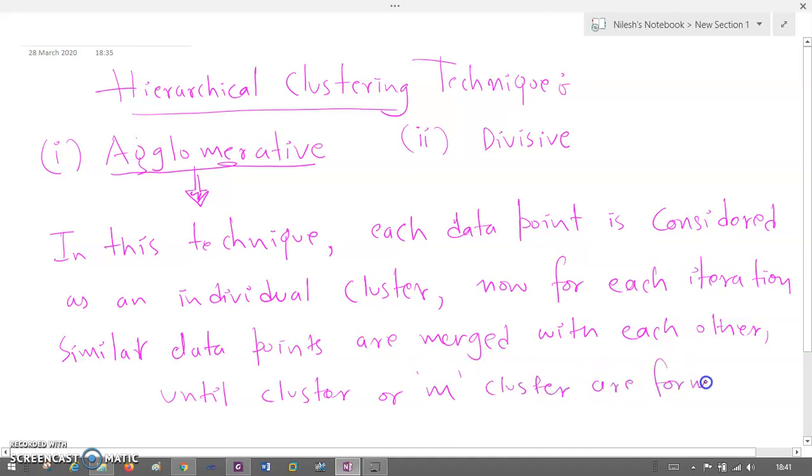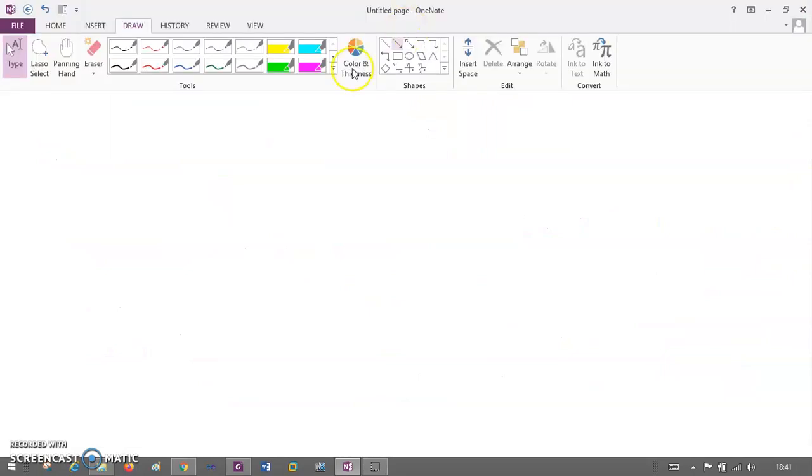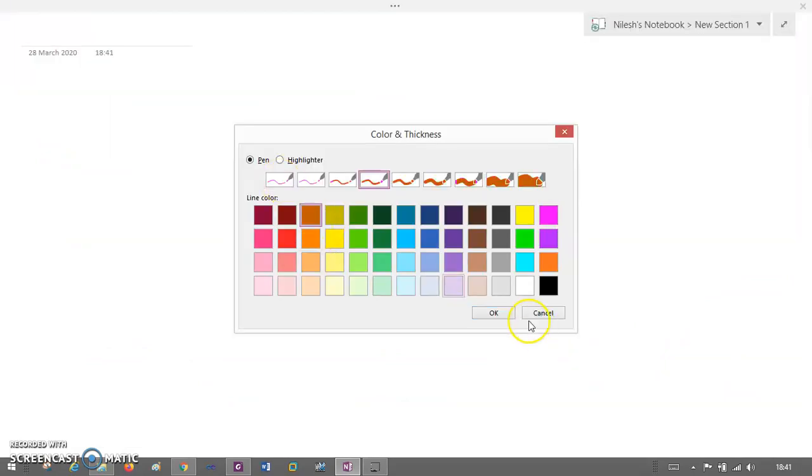This is the approach of the agglomerative technique, and we will understand it more precisely in a while.